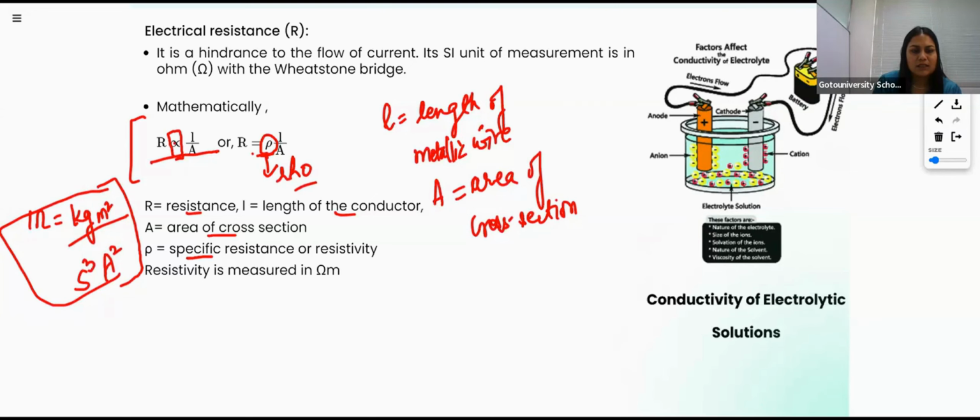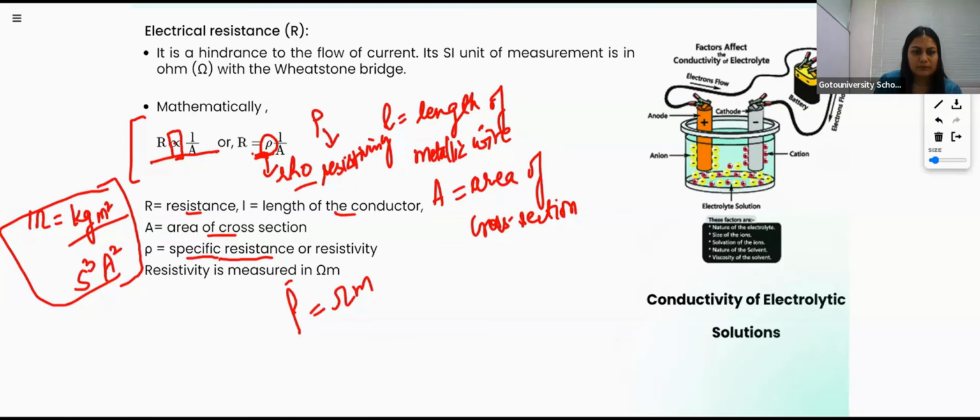The symbol is like P, right? It is termed as the resistivity constant, or say specific resistance. The unit for measuring the resistivity is ohm meter.